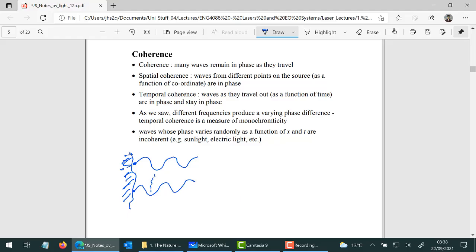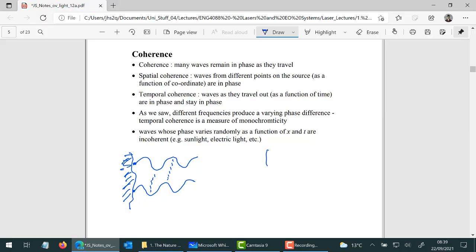So as it travels out, not really drawn that very well, but they should be in phase. So if they stay in phase over the whole surface of that emitter, it's emitting light, then we say that they are spatially coherent. Those two waves are spatially coherent.